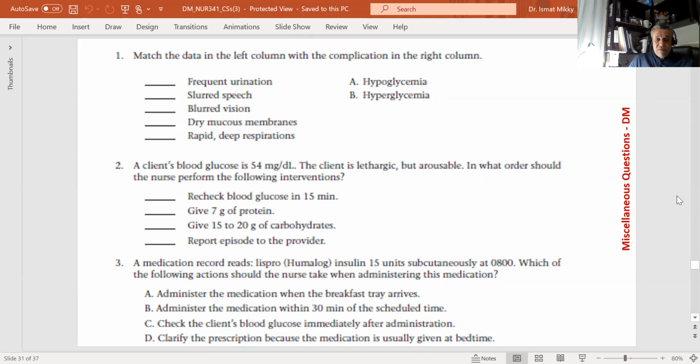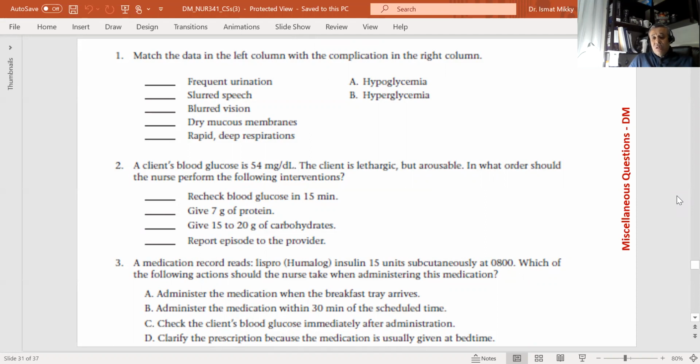And then you recheck blood glucose in 15 minutes. If blood glucose remains below 70, then you give 15 grams of carbs, and then you recheck the glucose in 15 minutes and repeat until the client's glucose is above 70. You will follow after that with 7 grams of protein, and then you report it to the provider.